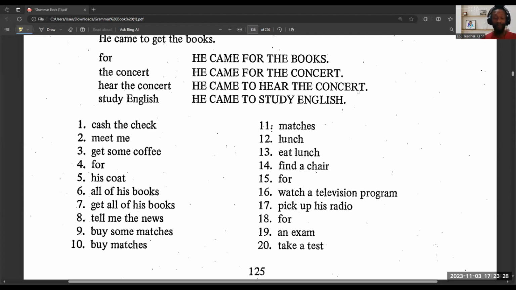He came to pick up his radio. For. He came for his radio. An exam. He came for an exam. Take a test. He came to take a test.